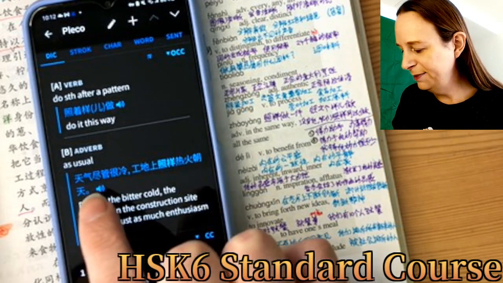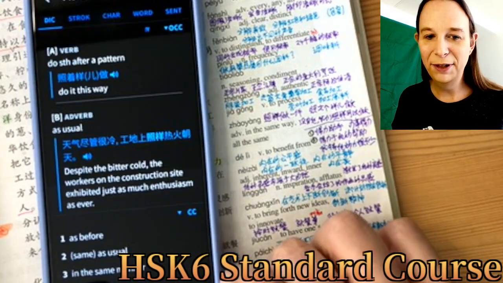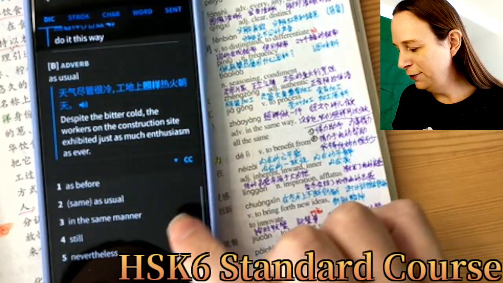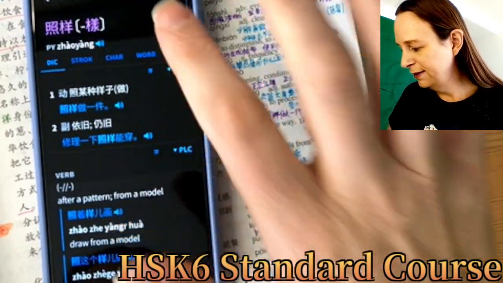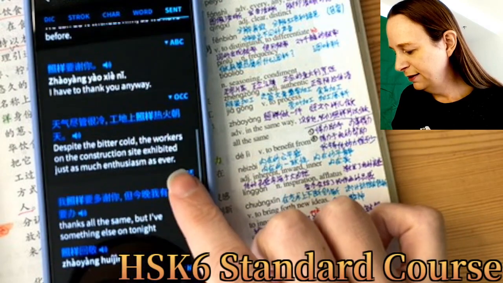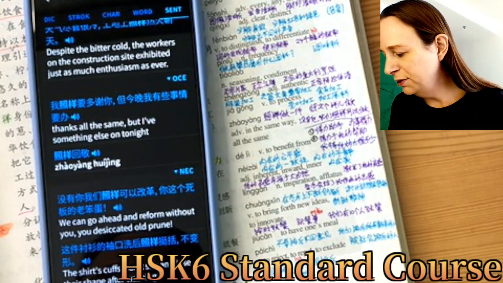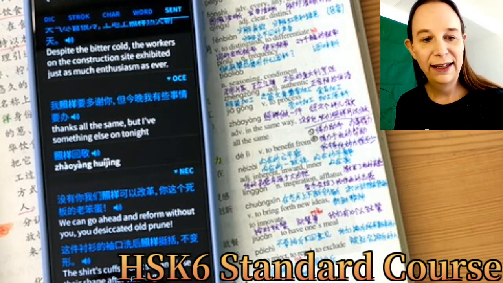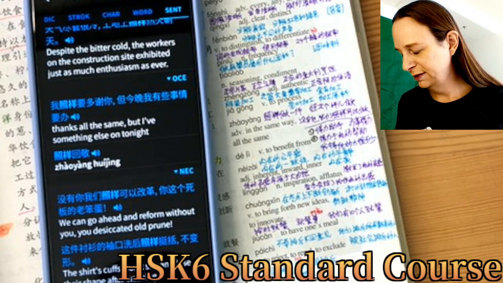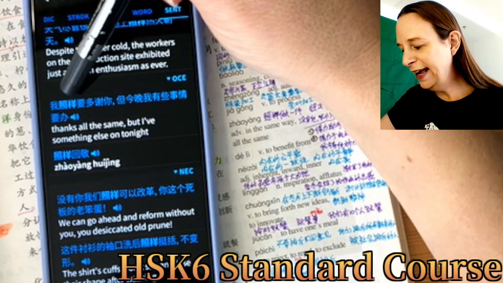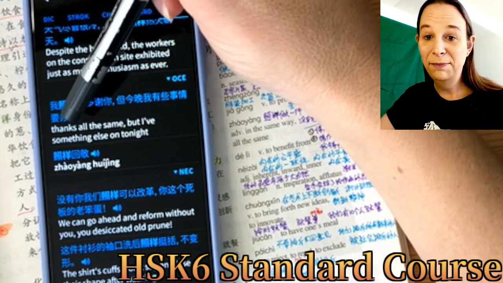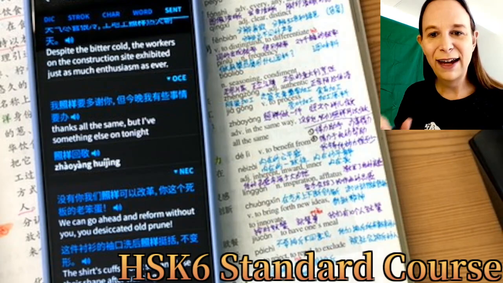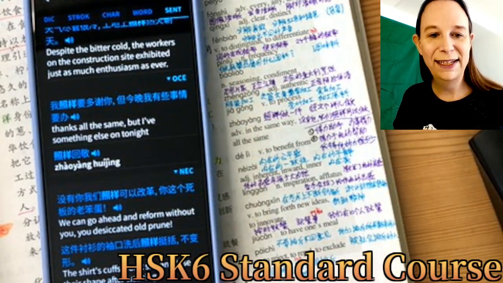This is like, despite the weather being super cold, yeah, the workplace was still full of enthusiasm. 我照样要多谢你，但今晚我有些事情要办。Okay, so this one is like, I've got other things to do, but I want to thank you anyway. Maybe this person is not able to help me because I've got other things to do. Or maybe they're inviting me to do something.